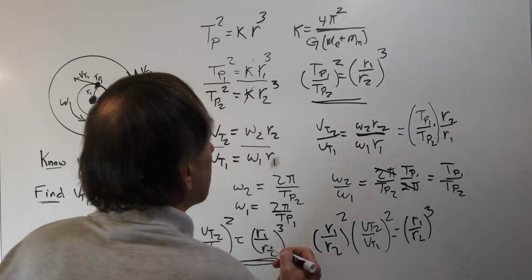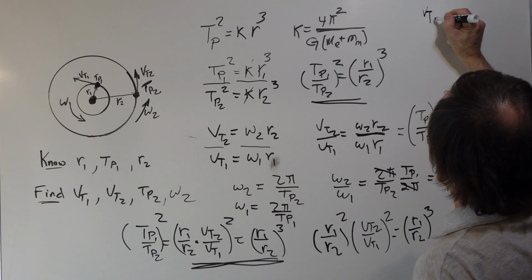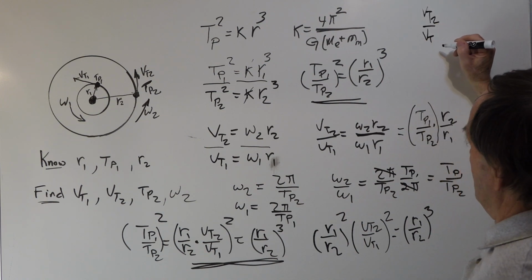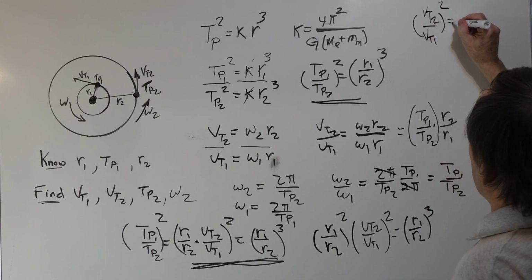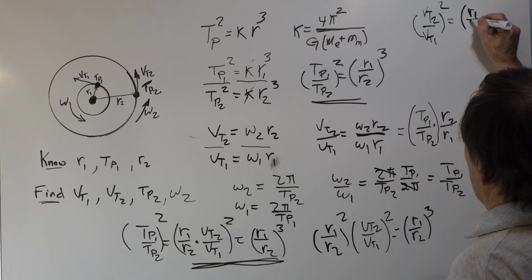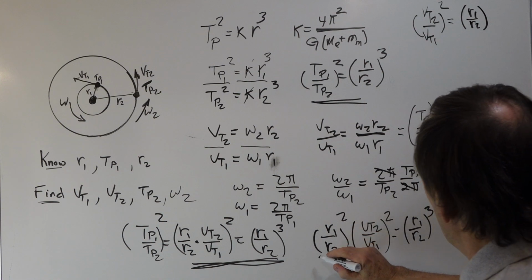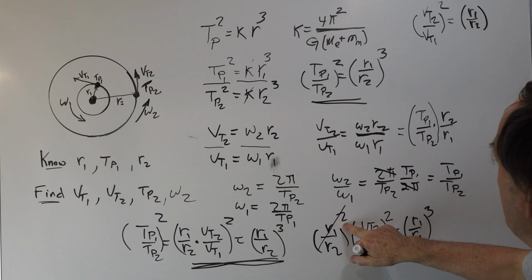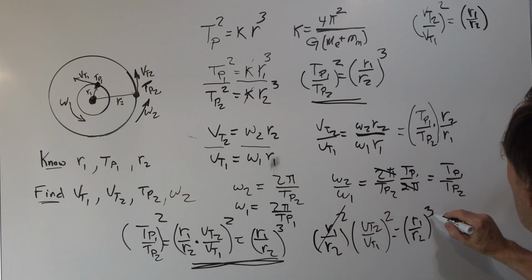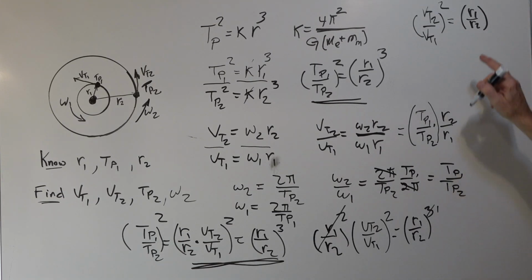So we can now write this as VT2 over VT1 squared is equal to R1 over R2. The exponents: we got a power of 2 here that can subtract from this power of 2, so the 3 becomes a 1. So this is equal to R1 over R2 to the first power.